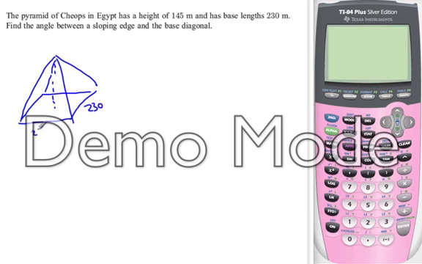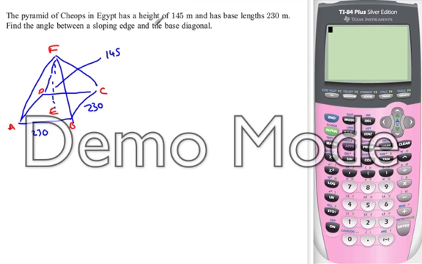So 230, 230, this here is 145. And let's get some labels on this. Let's just go A, B, C, D, E, F. Okay, so get another colour.